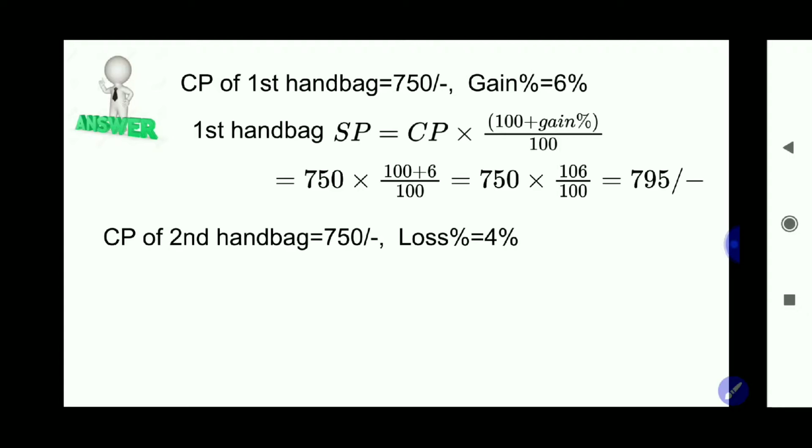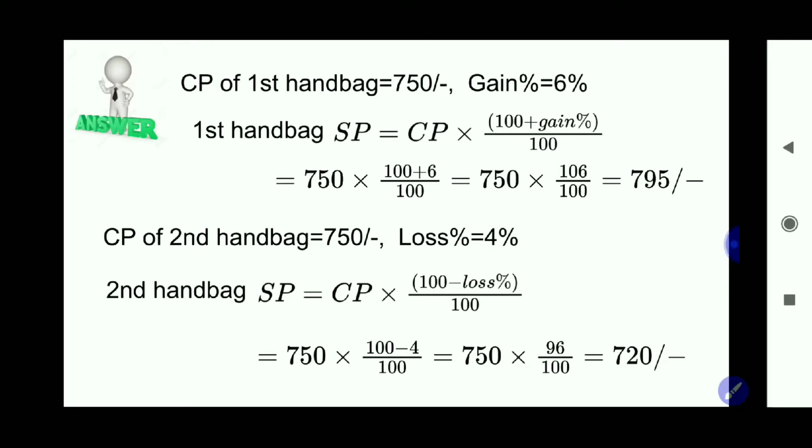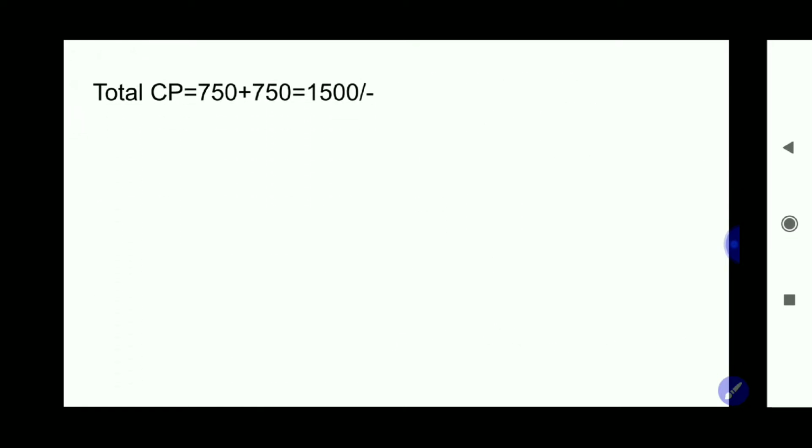Loss is 4%. So, SP of second handbag is CP into 100 minus loss percentage by 100. So, 750 into 100 minus 4 by 100. Its answer is 720. Now, total CP, that is 1500. Similarly, total SP, that is 1515.